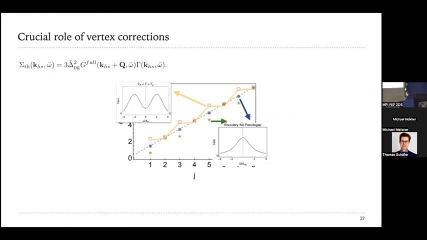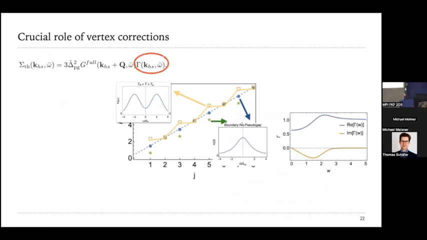And to understand this structure better, we further write down the thermal self-energy as a convolution of the Green's function and the vertex function. And what is important is the behavior of the vertex function. And we show that for the non-pseudogap cases, the vertex function doesn't depend on frequency significantly. In particular, for the self-consistent one-loop result, the real part is constant in frequency and the imaginary part vanishes.